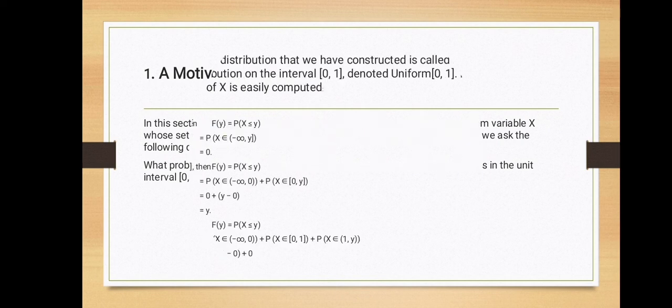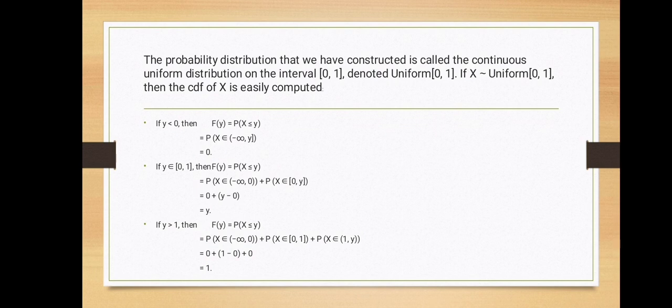And the probability distribution that we have constructed is called the continuous uniform distribution on the interval [0,1], denoted Uniform(0,1). If X ~ Uniform(0,1), then the CDF of X is easily computed. And you can look at this.